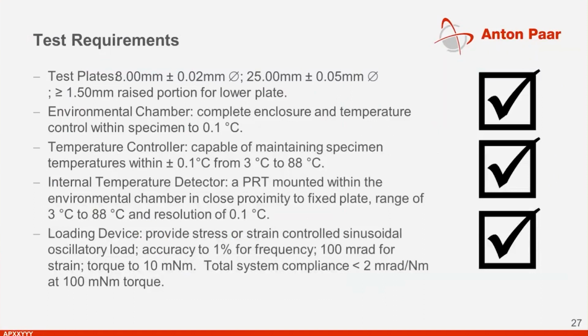We have an environmental chamber which must ensure temperature control within the specimen of 0.1 degrees C. The controller must also be able to control temperatures from 3 to 88 degrees C with accuracy of 0.1 degree, and an internal temperature detector mounted within the environmental chamber close to the fixed blade must also have the resolution of 0.1 degrees C. And the loading device must provide stress or strain controlled sinusoidal oscillatory load with accuracy.